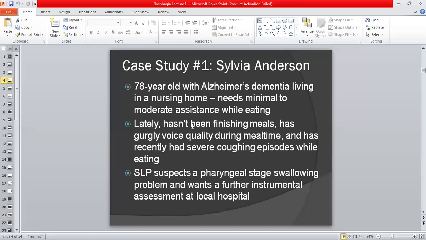Likewise, these three lines indicate instrumental assessments. So here we need to learn that assessments can be instrumental, and assessments can be observational. So at times we do depend upon instruments to find out what's going to happen to the food, to the bolus, how does it travel in the food pipe.